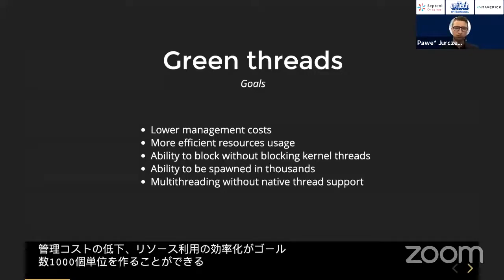Also, because green threads are a very lightweight abstraction, they can be created in thousands or even millions. They don't have to be pooled. They can be created as they are required as the application goes.